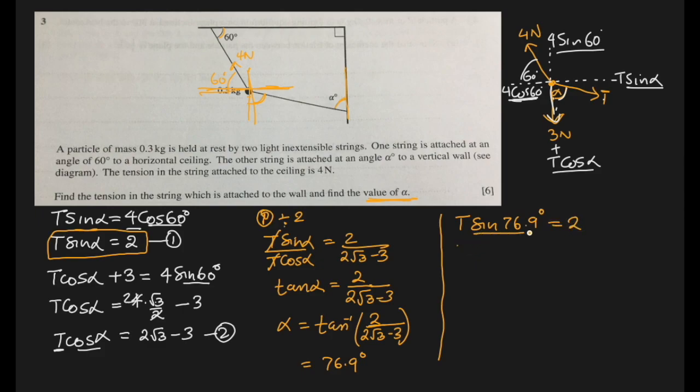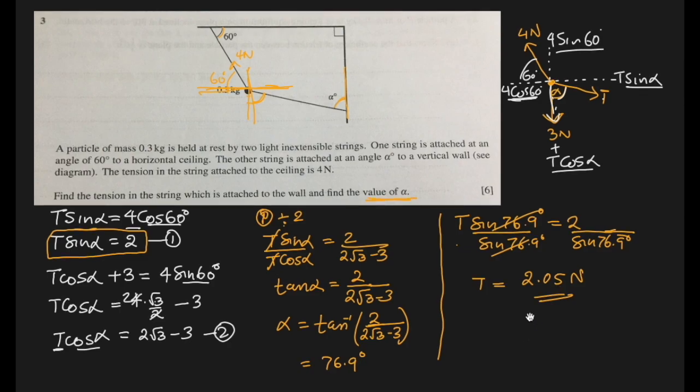So divide both sides by sine 76.9 degrees, so that this cancels here. T is equal to 2 divided by sine 76.9, which is 2.05 Newton. We got tension as well as the angle.